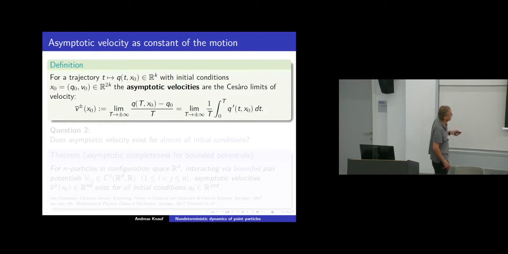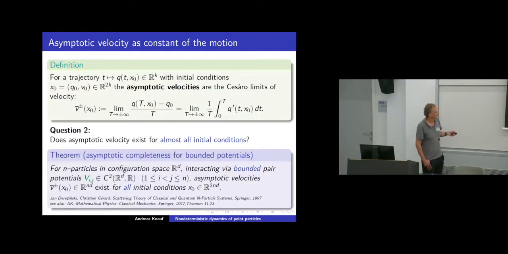So that's the asymptotic velocity. The question, and this was a basic question in quantum mechanics and also in classical mechanics, is: do these quantities exist in scattering systems for, let's say, almost all initial conditions?